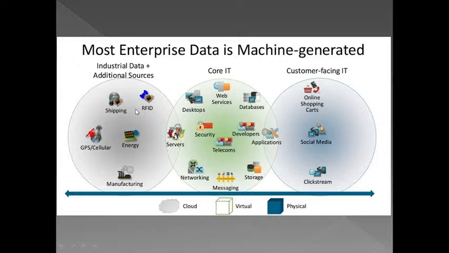There are various technologies that we use in an organization, like desktops, web servers, databases, security servers, firewalls, and other things. There is also data related to manufacturing companies, like machines used in the energy sector or GPS sector. Those machines might get affected for some reason.